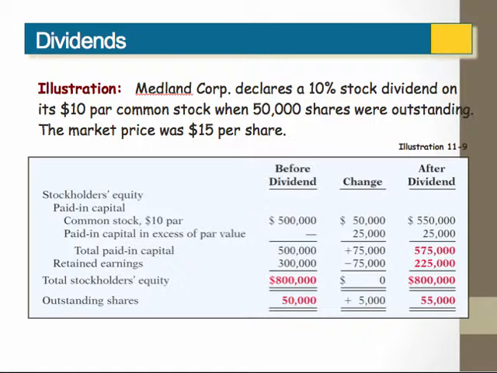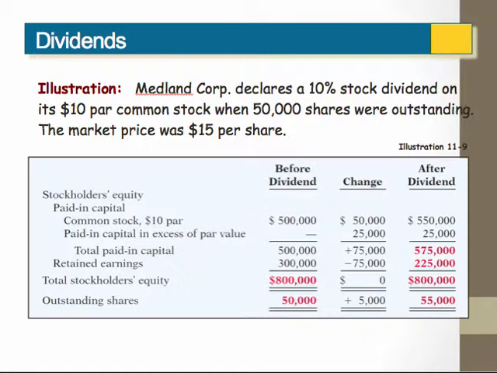So if you note, there were 50,000 shares outstanding at $10 par, which means that common stock had a value before the dividend of $500,000. After the dividend, the common stock will be worth $550,000.